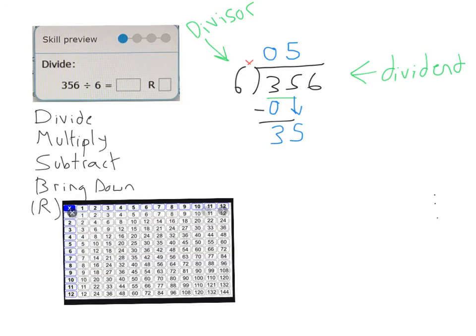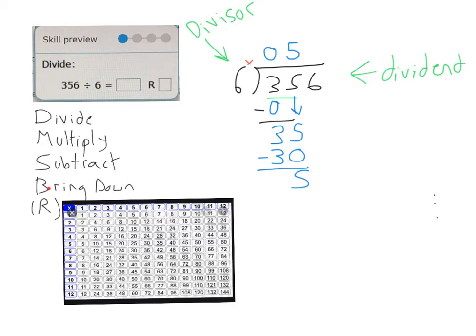Now we keep going. We've done the division and put our answer at the top. Next, we multiply. Remember, we're always multiplying the answer to the division by the divisor. 5 times 6 is 30. Next step, subtract: 35 minus 30 is 5.